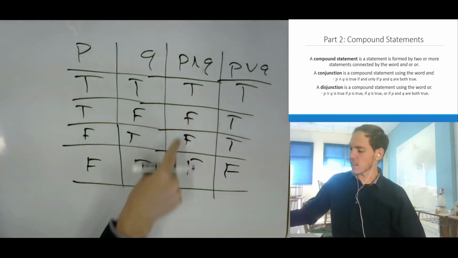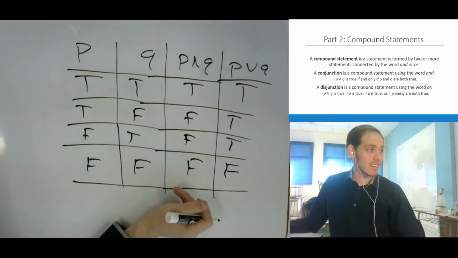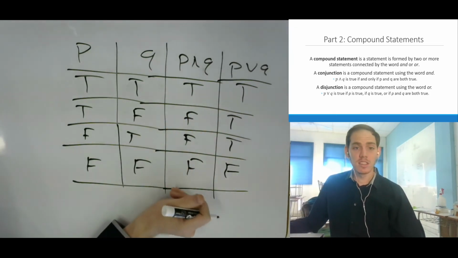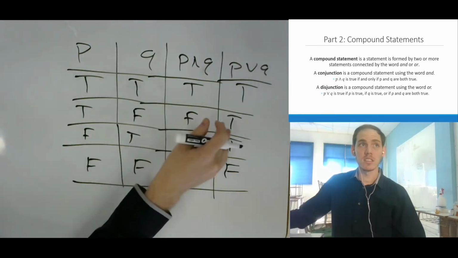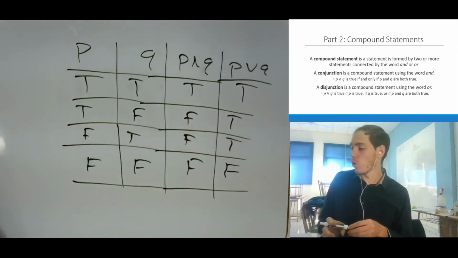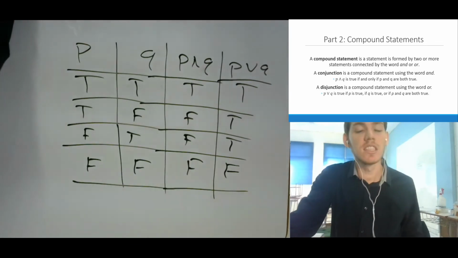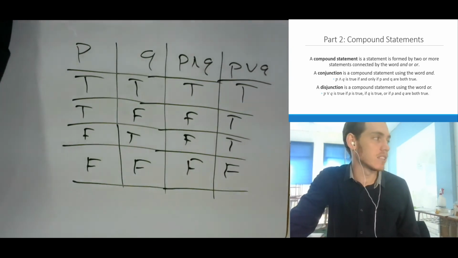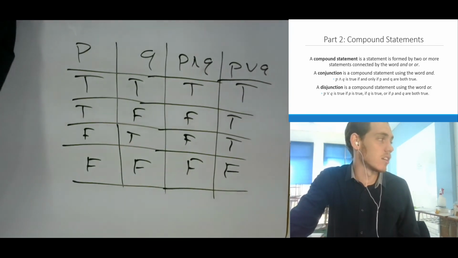Notice that and has fewer options than or does. So conjunction limits where disjunction furthers.